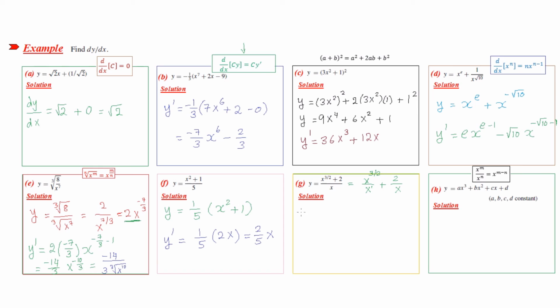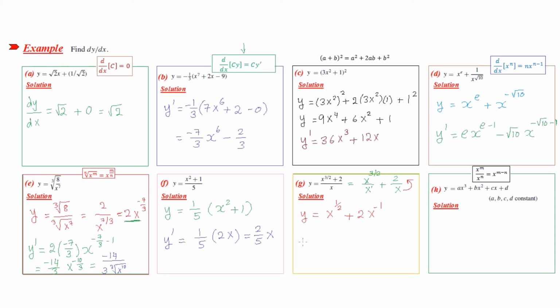So y equals x to the power 3 over 2 minus 1, which is 2 over 2. So 3 over 2 minus 2 over 2 equals 1 over 2, plus 2 over x. We can move x up and you will get 2x to the power negative 1. After this simplify, we can start to find the derivative of this function.